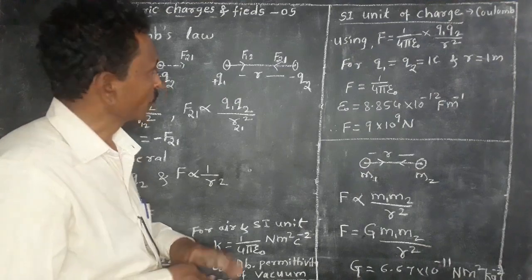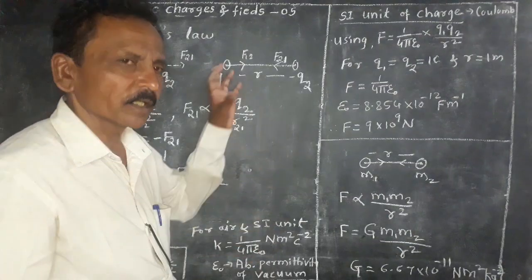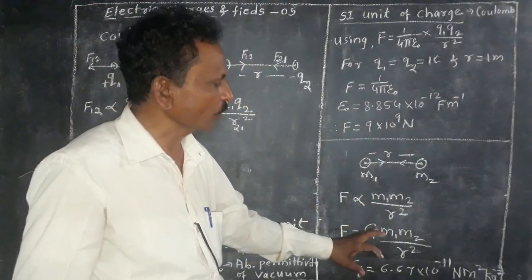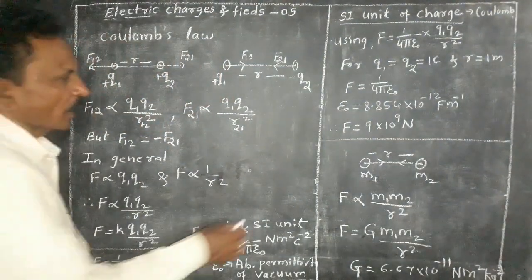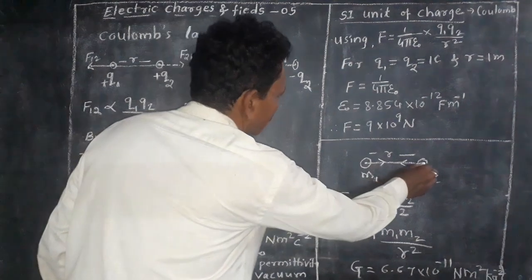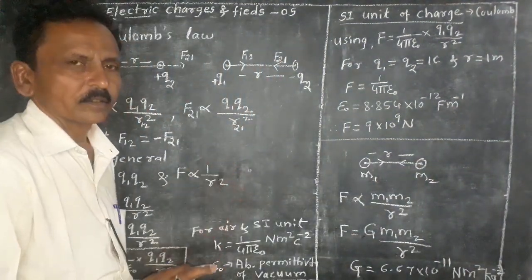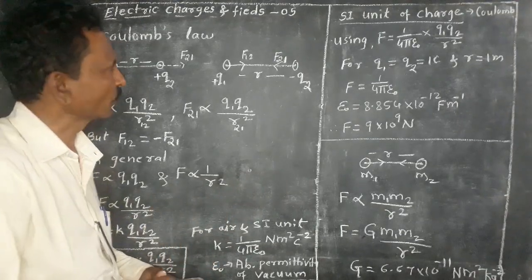And both the forces, Coulomb's force or electrostatic force and gravitational force, are acting along the line joining their centers. Hence, these are called central forces.